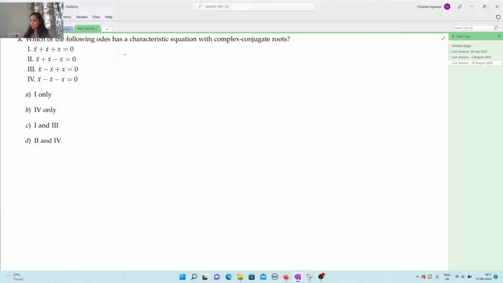So in this case, b square minus 4ac will be 1 minus 4, which is minus 3. So this is less than 0. So we will get complex conjugate roots.